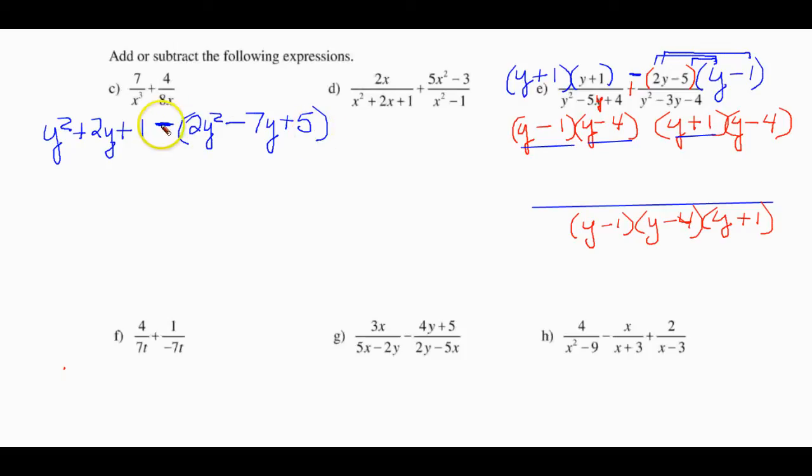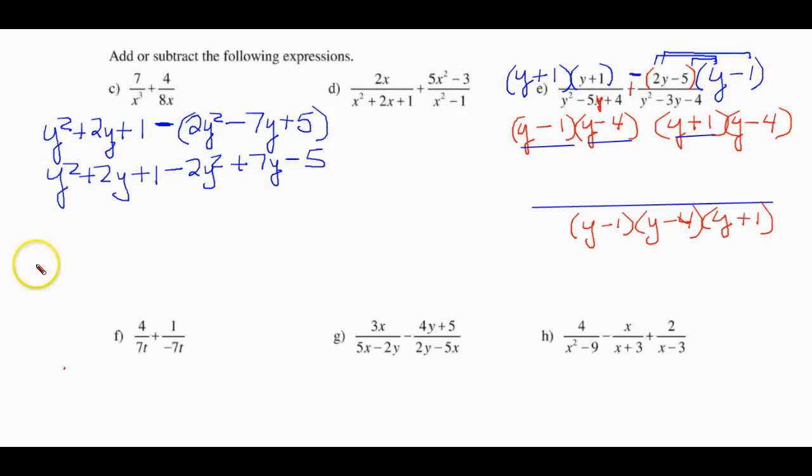Now we have this negative sign in front. So this line will now become y squared plus 2y plus 1. Now, to remove the parentheses with a negative sign in front, we just change all these signs. So this will become a negative 2y squared, a positive 7y, and a negative 5.